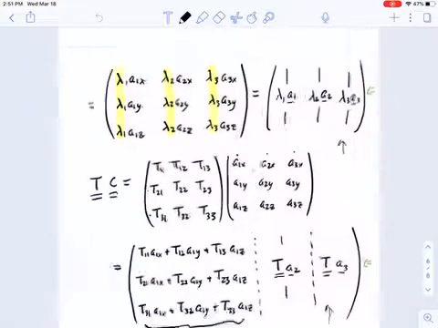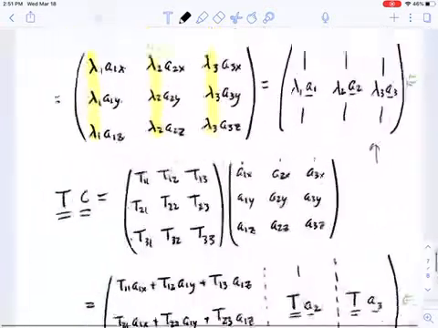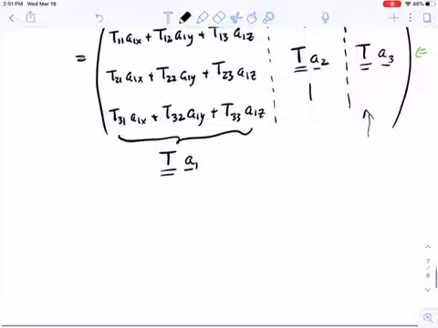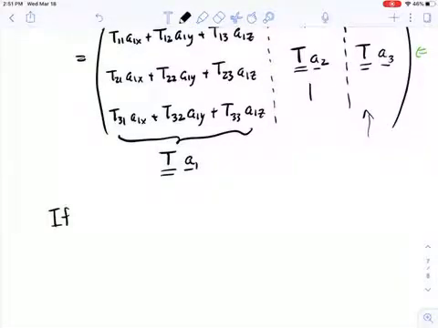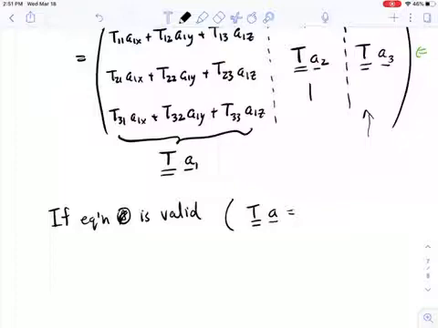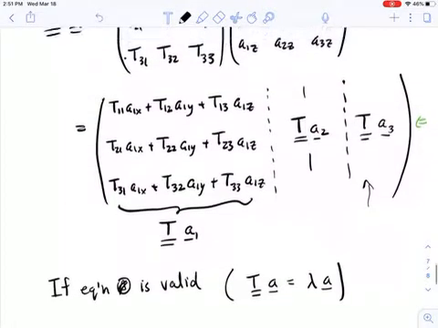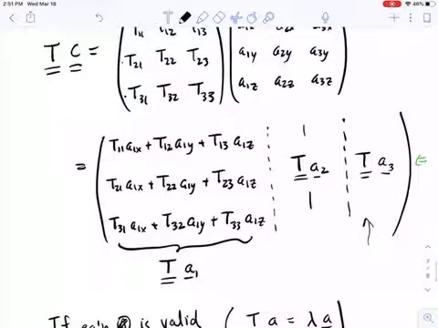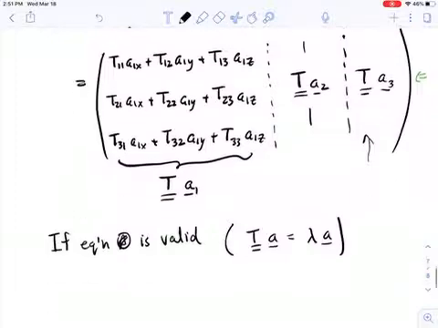So if equation star is valid, and remember what equation star was, it was T times A equals lambda A. Then what we're getting from T times C is T times A.